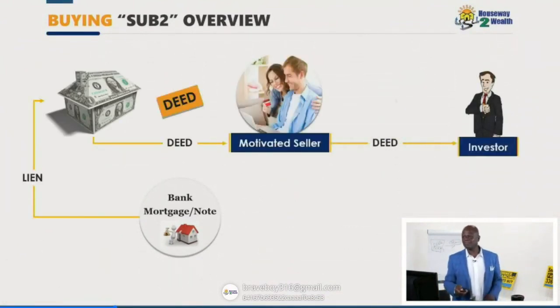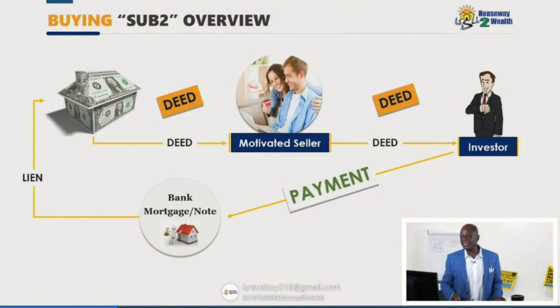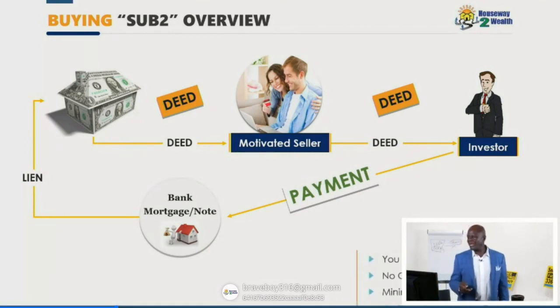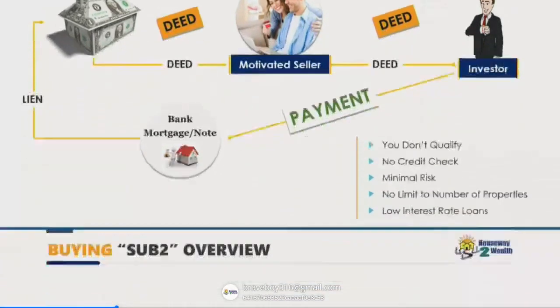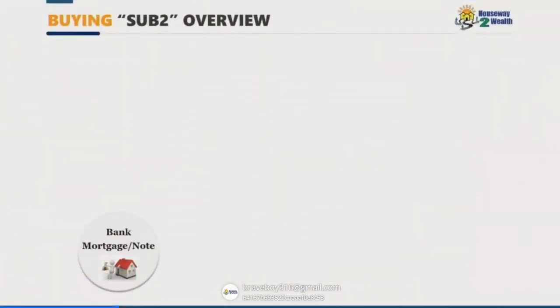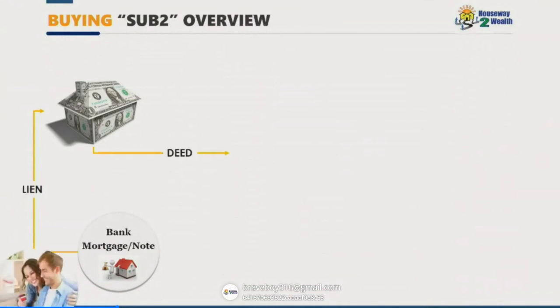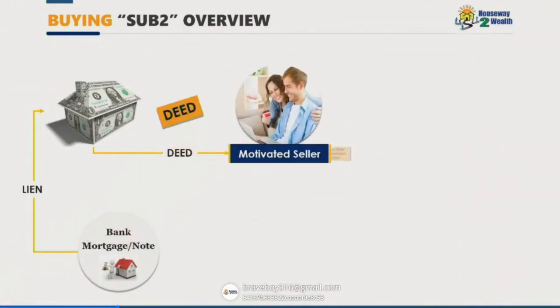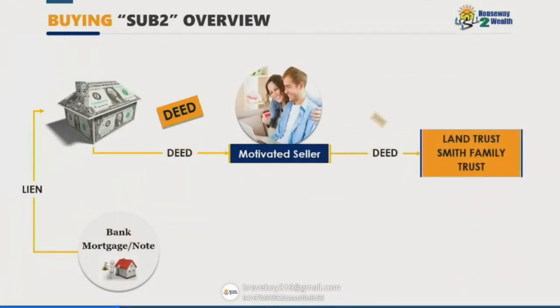If you do it this way, is the way we're going to do it. You want to have the seller deed the property to you as the investor in your trust, and then you're going to start making payments. The way that it used to be taught, or some gurus still teach it this way, is basically the seller's going to deed, you're going to form the trust, and it's going to be pretty much their trust.